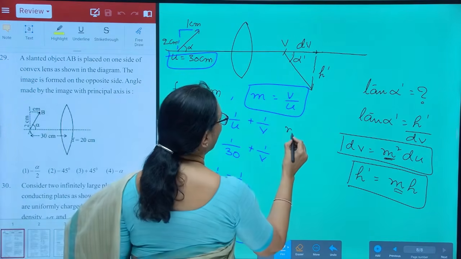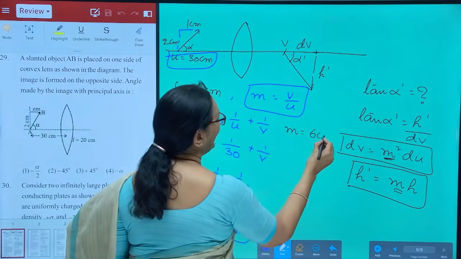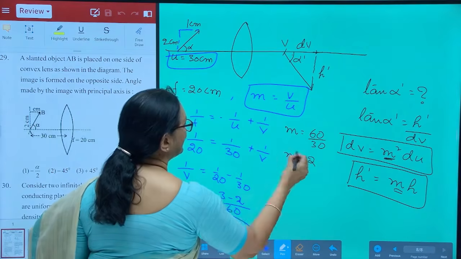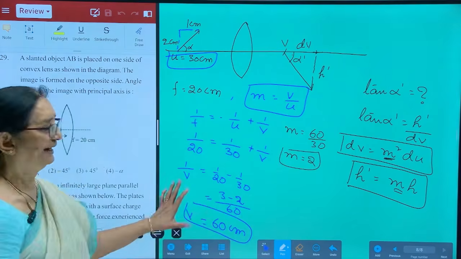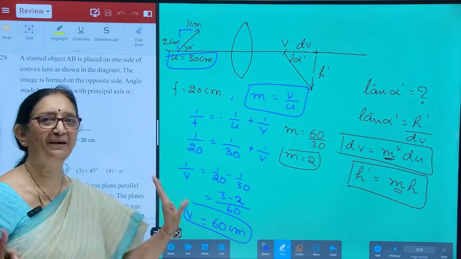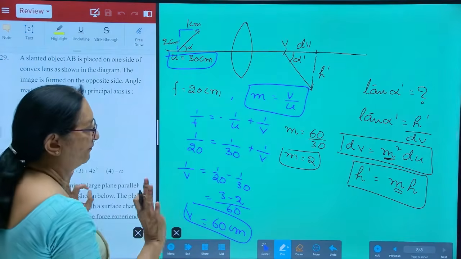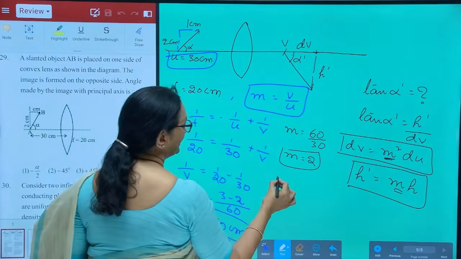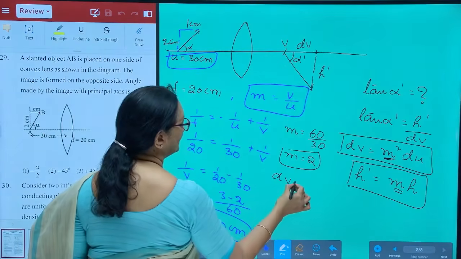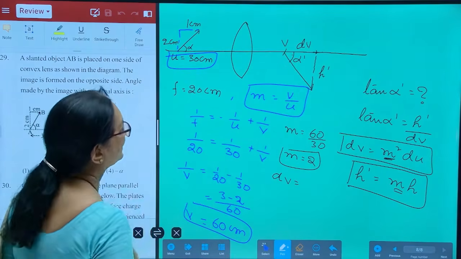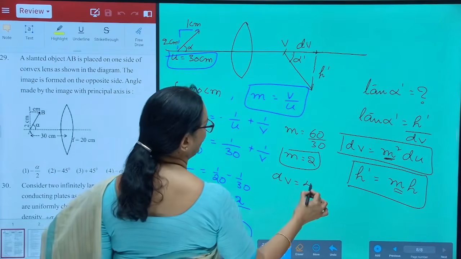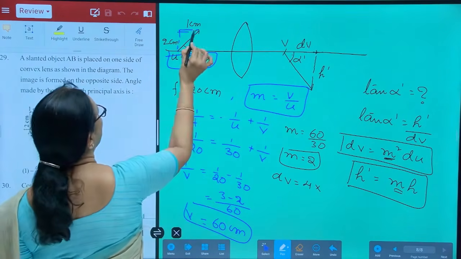From this, magnification is v by u, so magnification is equal to 2. Is that clear? Then the problem is done. Now follow me very carefully. We want to find dv. So dv is equal to m square, which is 4, times the horizontal distance.